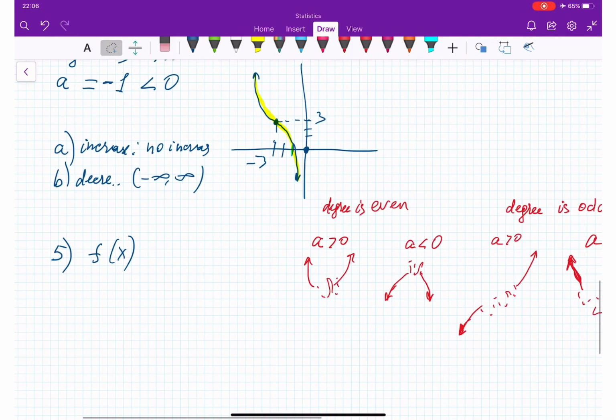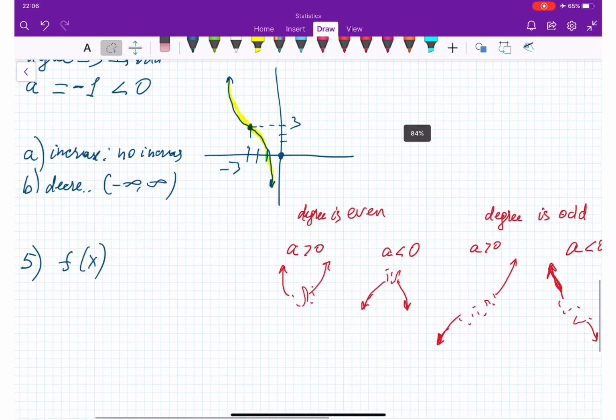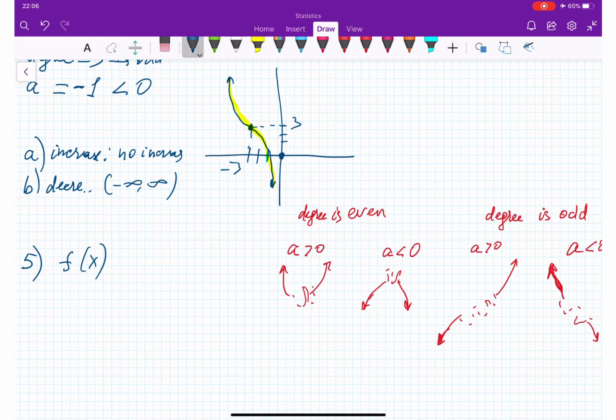Okay? f of x is equal to 8x to the power 5 plus 2x to the power 3 minus 5x plus 3. So what is going to be the degree in this case? We have degree 3, we have degree 5, here will be degree 1. Which one is the degree? The highest degree. In this case, it's going to be 5.